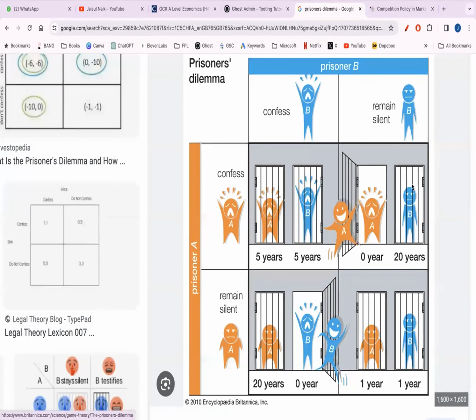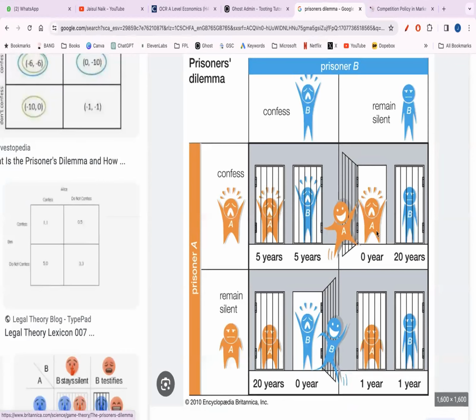If they both remain silent, they both deny the crime happened and they both get 1 year. If they both confess, they both get 5 years. If one of them confesses and the other one tries to deny it, then the denier will get 20 years because the other person basically snitched on them, and the confessor gets 0 years. And obviously vice versa as well.